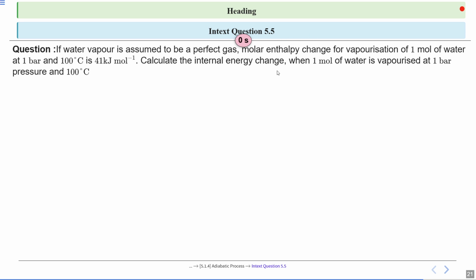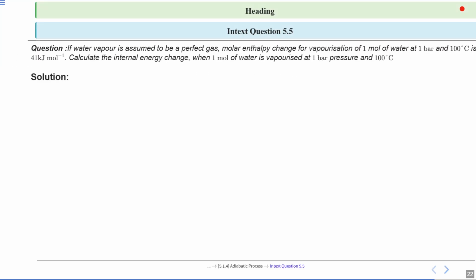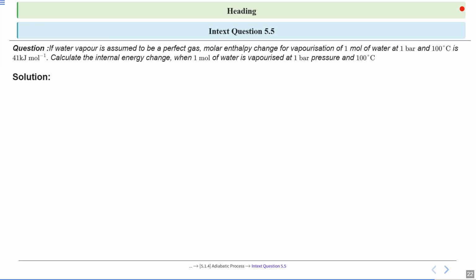So your time is up. Now, in this question, you first have to look at what is happening. Try to write the situation with the help of simple equations. According to the question, the enthalpy change for the conversion of 1 mole of water, at 1 bar pressure and 100 degrees Celsius, to vapor is 41 kilojoule per mole.